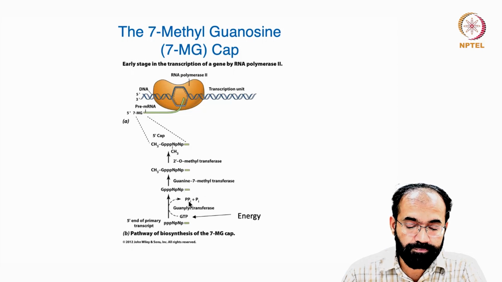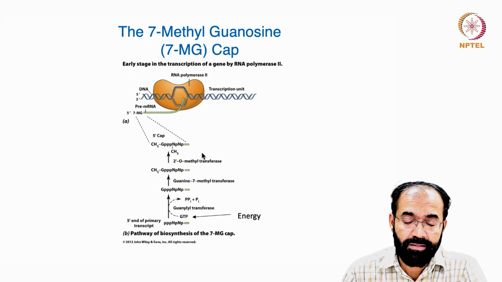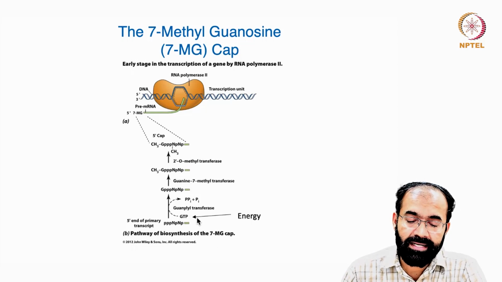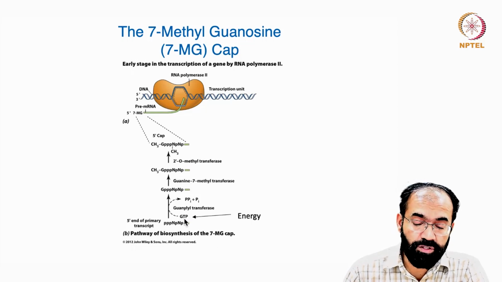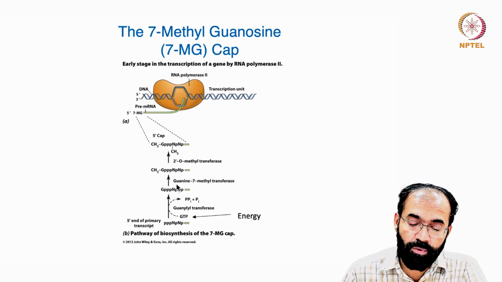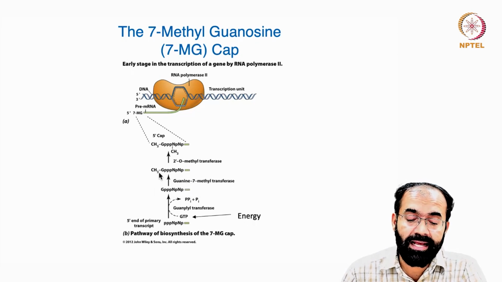And how does it happen? So the final step is the cap. To start with, from step number 1, you have a utilization of GTP, and you use guanylyl transferase that will convert it to a GpppNp intermediate, which is acted upon by guanine 7-methyl transferase, and you end up getting a methylated GpppNp. What does this GpppNp indicate?